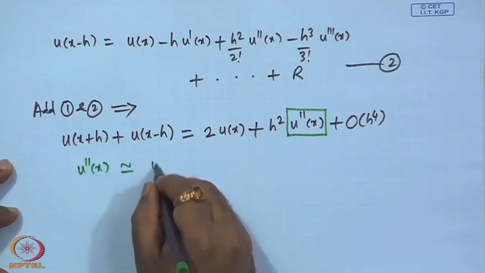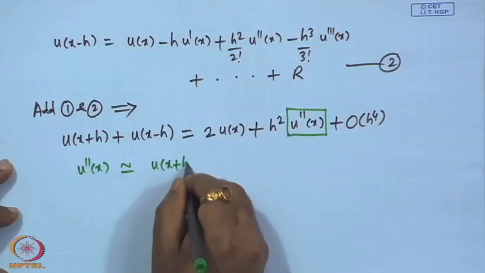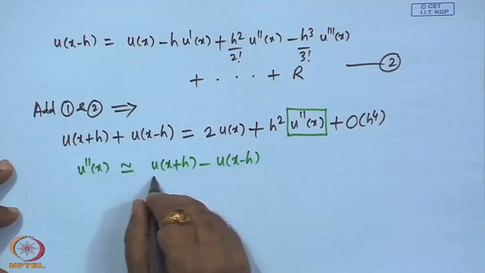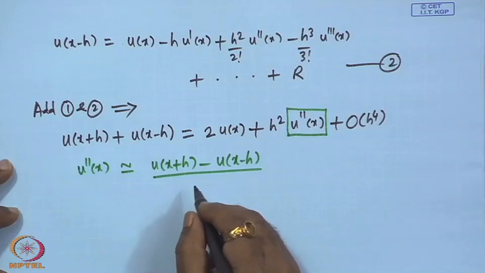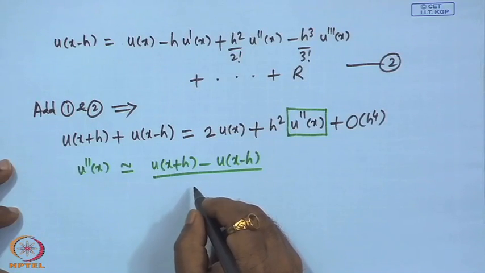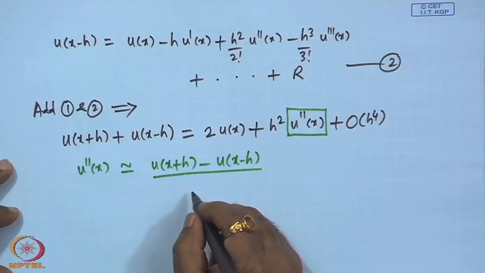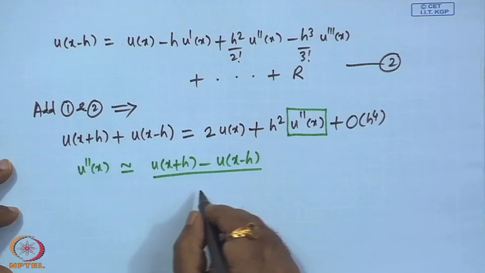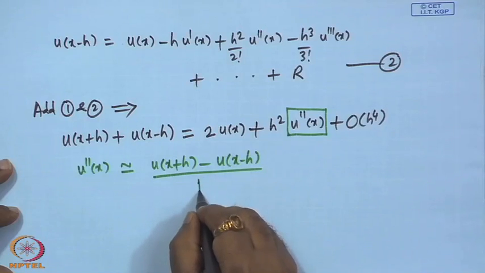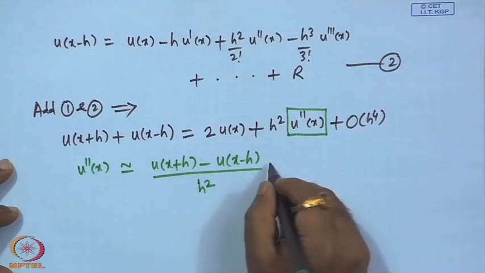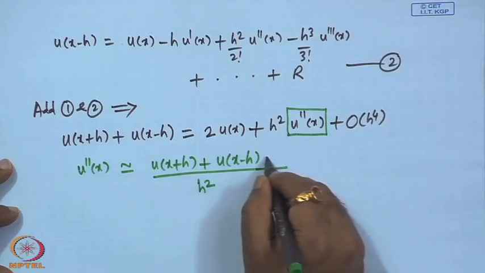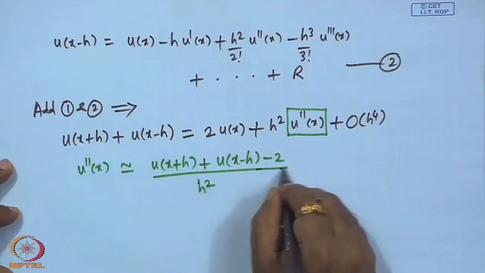The coefficient is h square, and this term has a plus sign and goes to the left hand side.